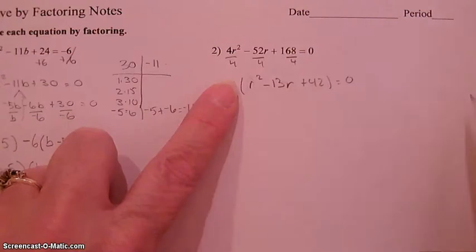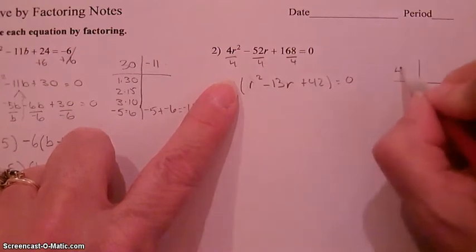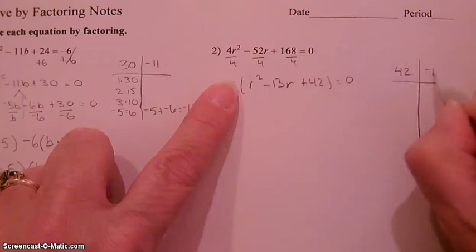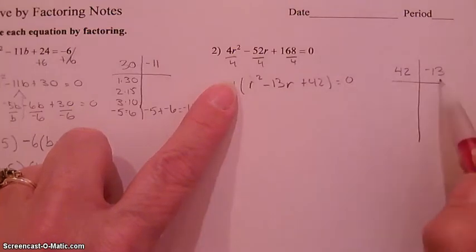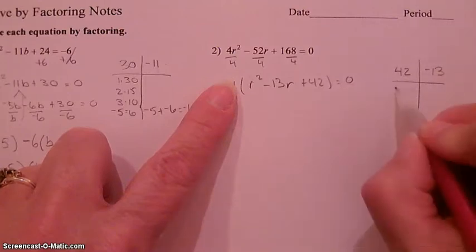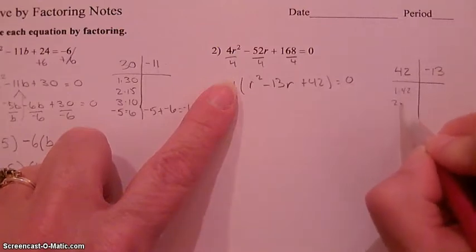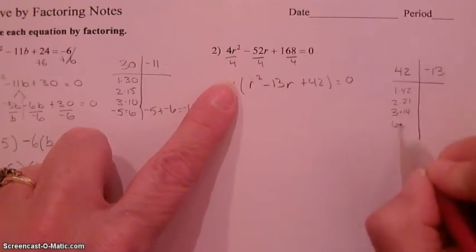So now we're going to factor this one just like we have been factoring. I have a and c, so I do a times c that adds to b, so I need factors of 42 that add to give me negative 13. Again, the product is positive and the sum is negative, so I'm looking for two numbers that will be negative. So I have 1 and 42, 2 and 21, 3 and 14, and 6 and 7.